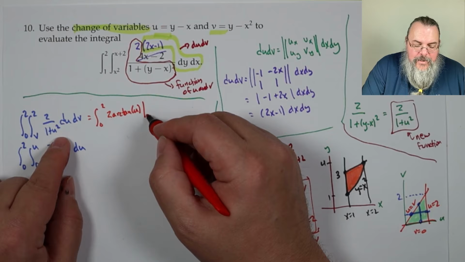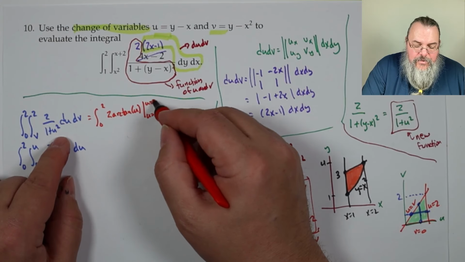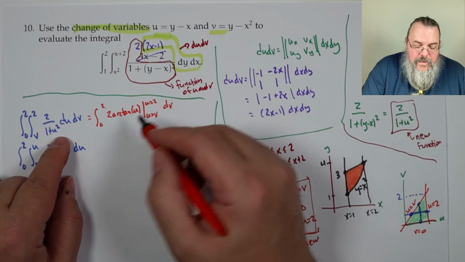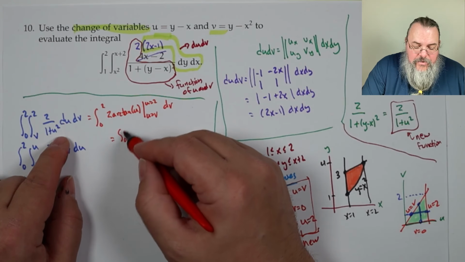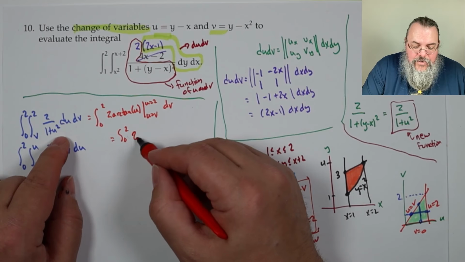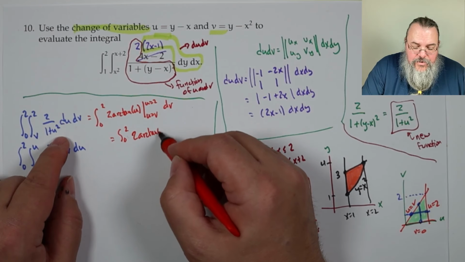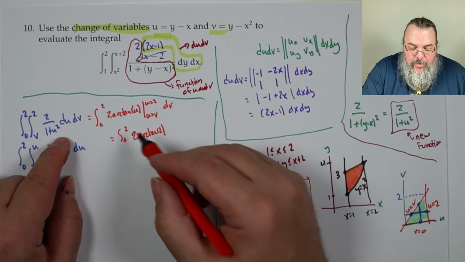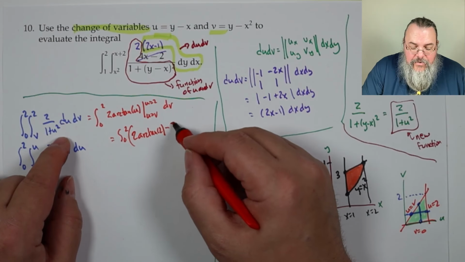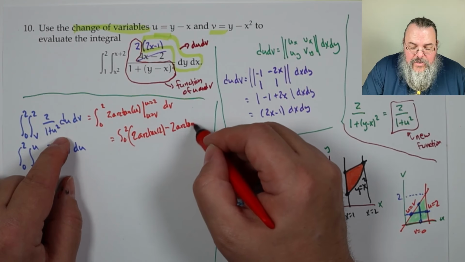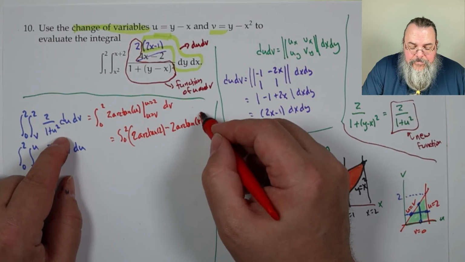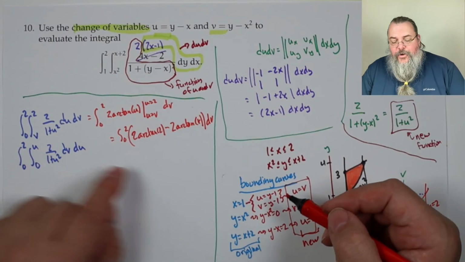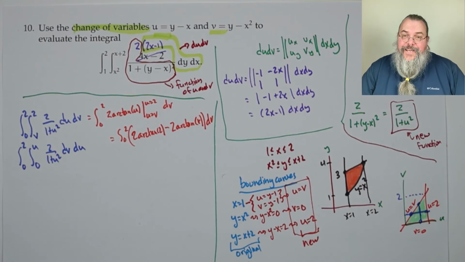Evaluate from u equals v to u equals 2 dv. And then this becomes the integral from 0 to 2 of 2 arctangent of 2, which is a choice, minus 2 arctangent of v. And then you say, I've got to integrate arctangent of v.